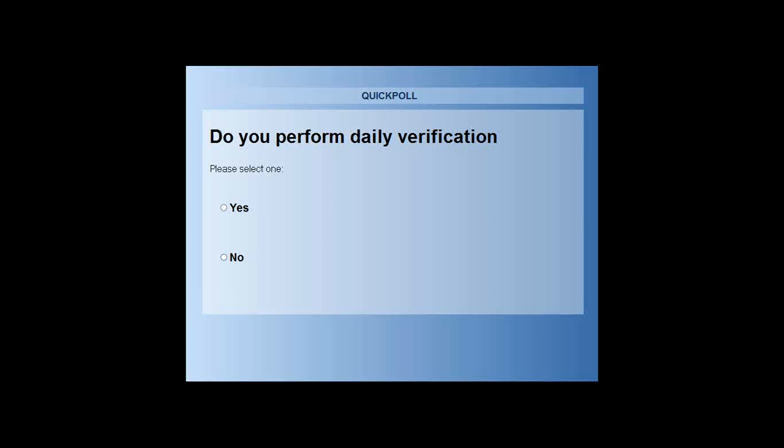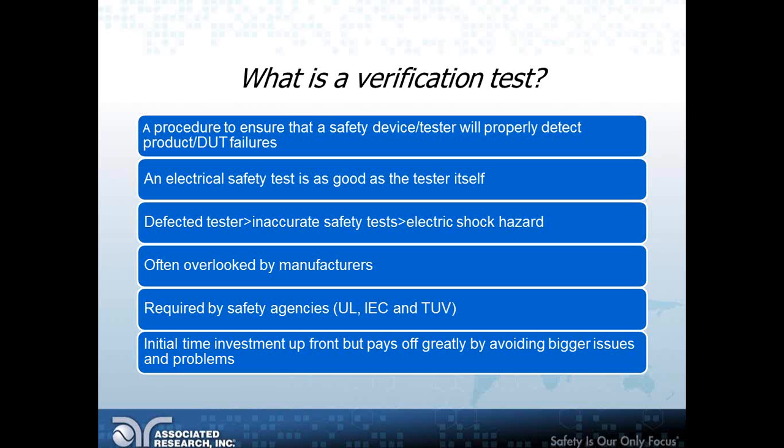Running test verification is very crucial to ensuring that a safety device will properly detect product failures. Now, while the task of setting up a test verification can seem daunting at times, it's just a simple matter of having the necessary equipment and procedure in place so that the process is easy to follow.